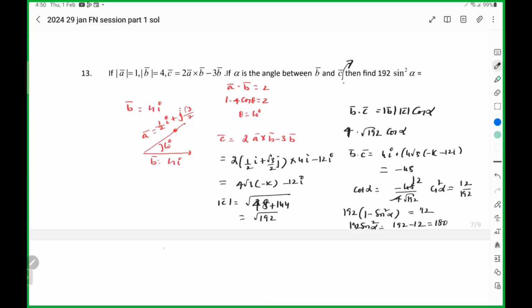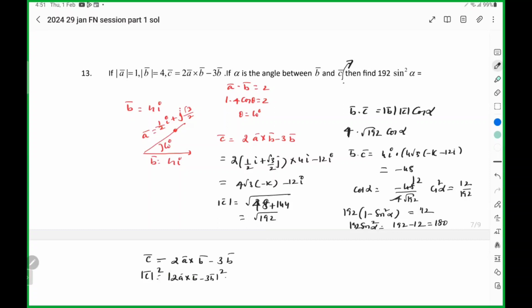Other way, C bar is 2A cross B minus 3B bar. Mod C bar is 2 times A cross B minus 3B bar.